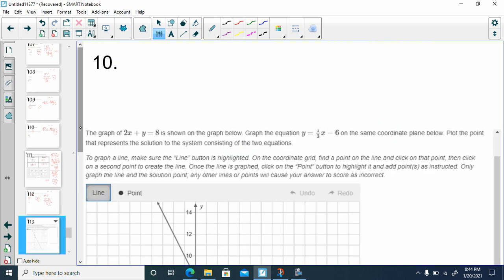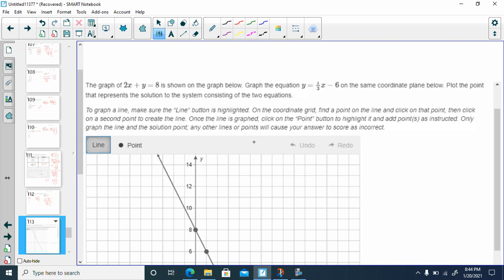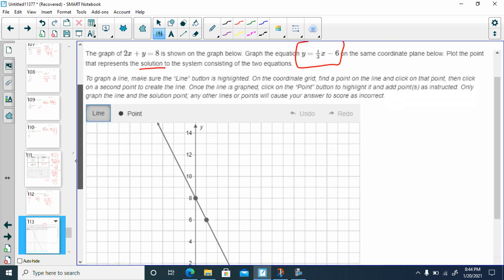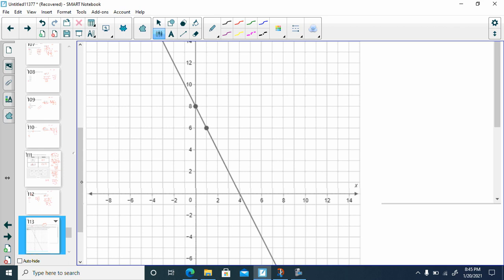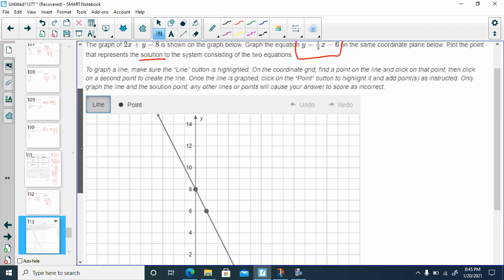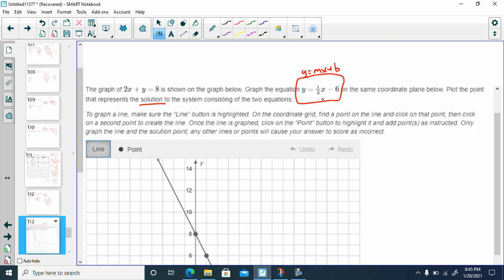The graph of 2x plus y is equal to 8 is shown. Graph this equation on the same plane. Plot the point that represents the solution. Okay, so let's graph this one. Remember, for graphing, it's y is equal to mx plus b. We'd start at negative 6 on our chart. And then where are we going? Our slope is 1/3.